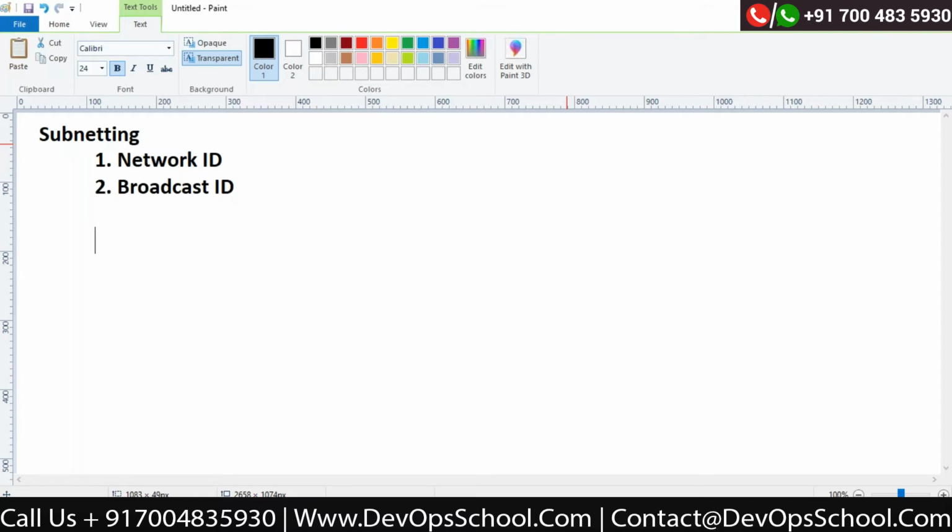If you see, I'm taking the example of 192.168.1.0. This is my typical class C IP address, correct? Now in this IP address, if I ask how many hosts I can use, that is 2 raised to 8, which means 256. These are the number of IP addresses we can use.